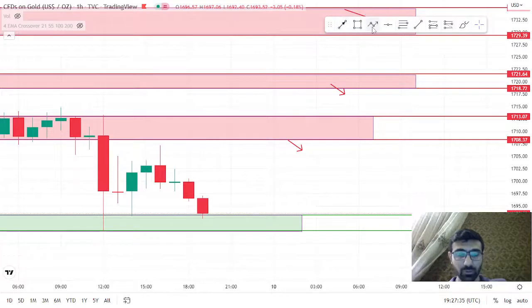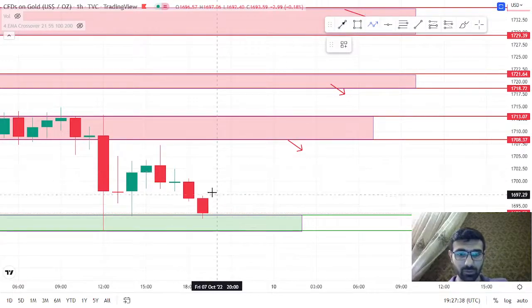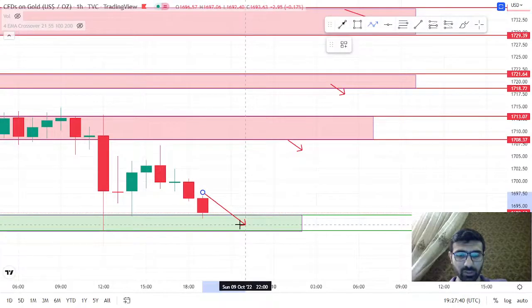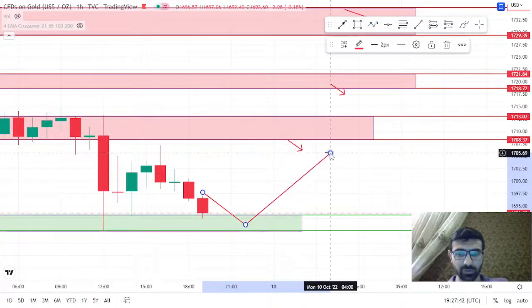Okay, so how are we going to trade this pair? It's quite simple. If the market holds this area of support, then we'll buy this pair.